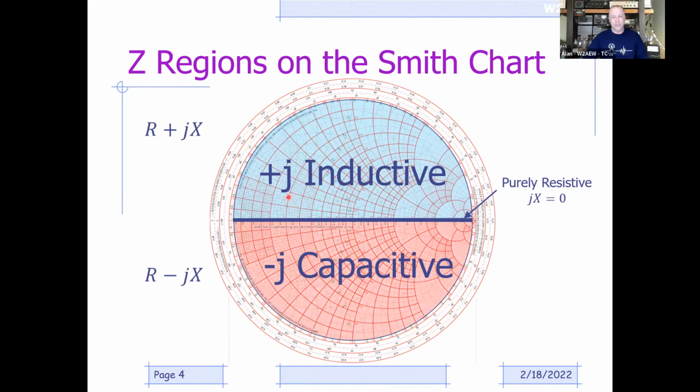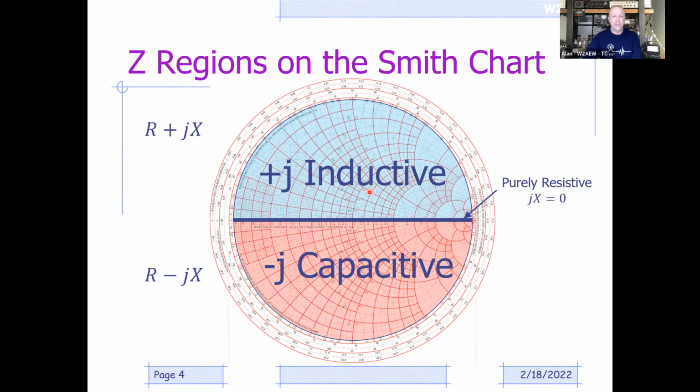When representing the complex impedance, it's the sign of that J term that determines whether you're inductive or capacitive. Anything with a minus J is going to be down here. Anything with a plus J will be up here. So that's the big picture of how impedance is represented on the Smith chart, but let's get a little bit more detailed.